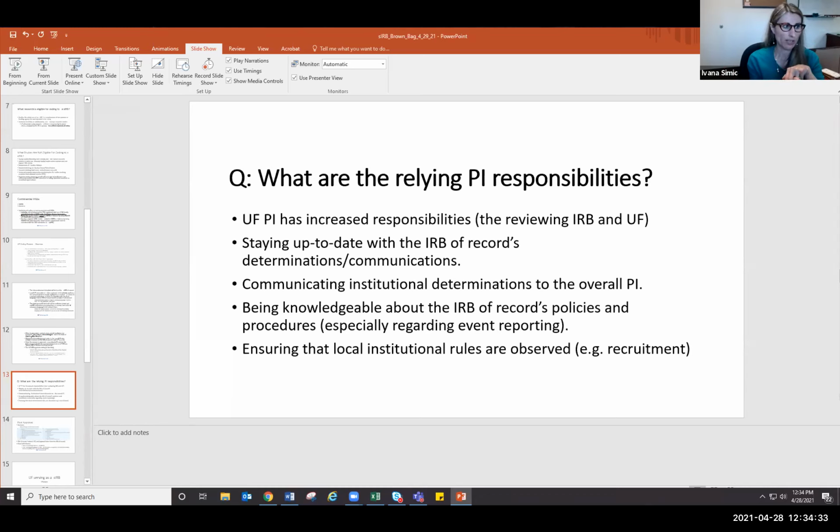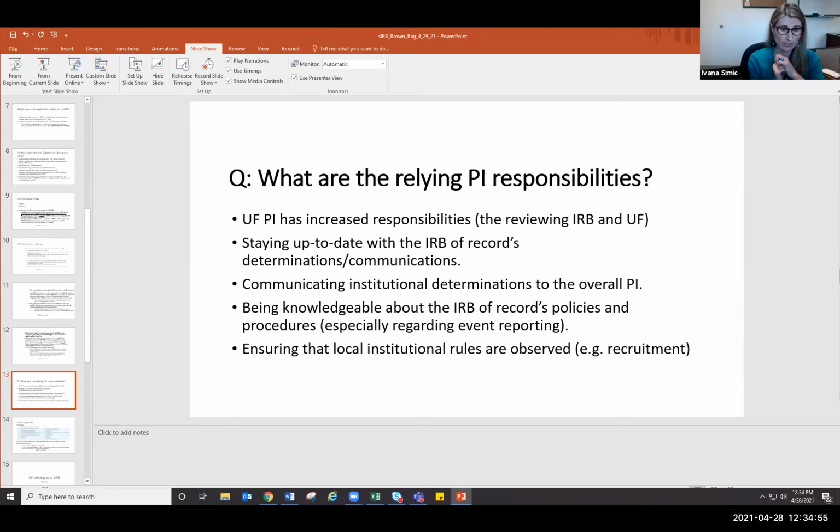The PI has to stay up to date with the IRB of record's determinations and communications. The local PI has to communicate what the local institution or the IRB have determined to the IRB of record as well.